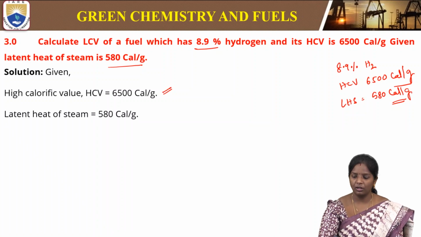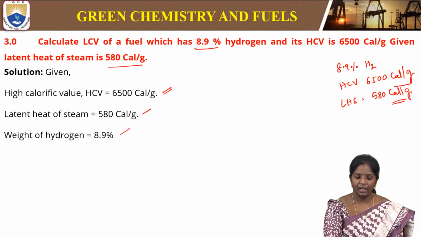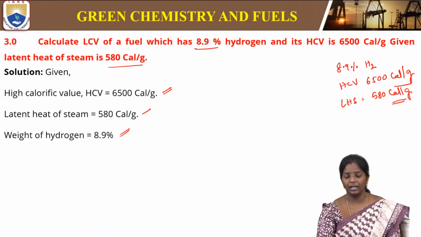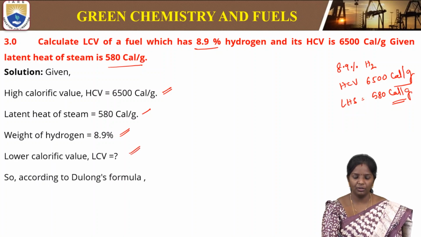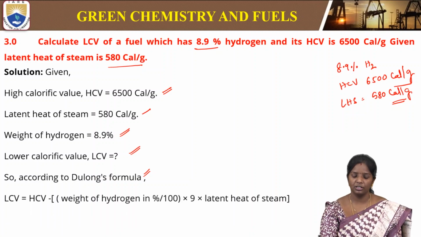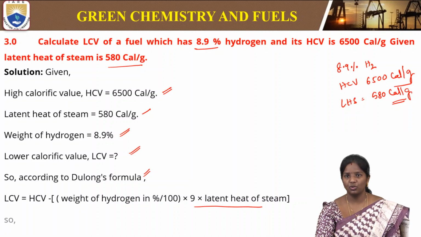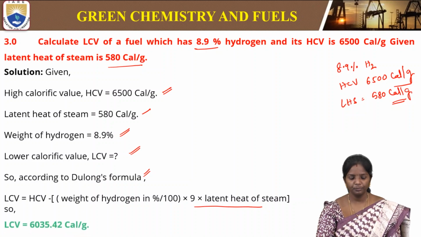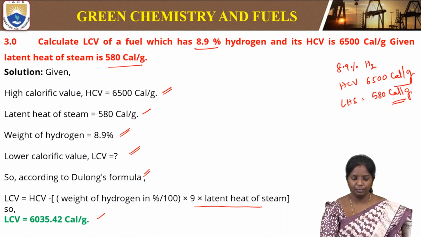HCV is 6,500 calorie per gram, the latent heat of steam is 580 calorie per gram, and the weight percent of hydrogen is 8.9%. Now the lower calorific value using Dulong's formula is HCV minus weight of hydrogen by 100 into 9 into latent heat of steam. After substitution, we get 6035.42 calorie per gram.